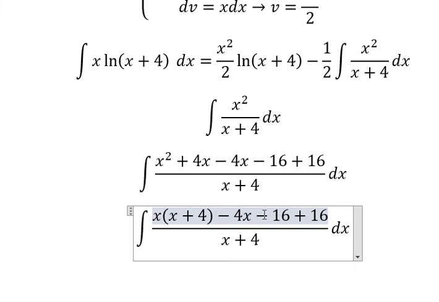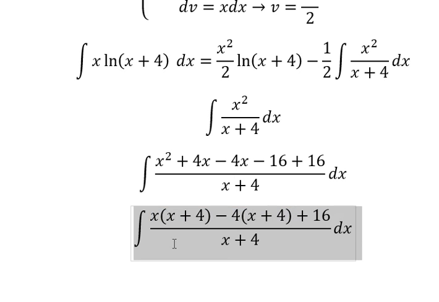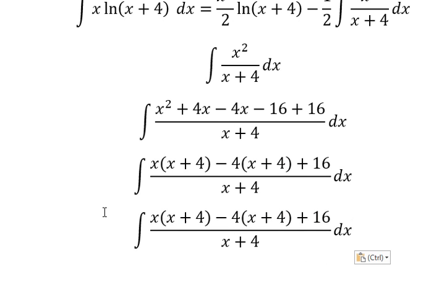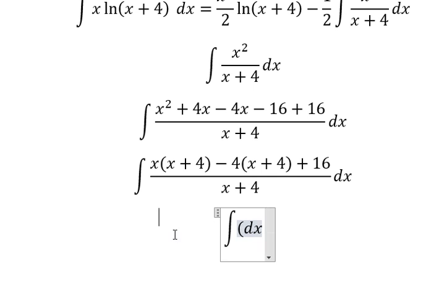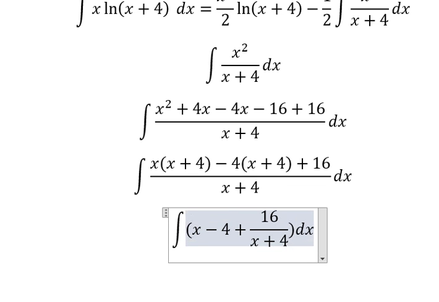Negative 4, negative 16, we can do another factorization. So this one divided by this one, and this one divided by this one. So we got x minus 4 plus 16 over x plus 4.